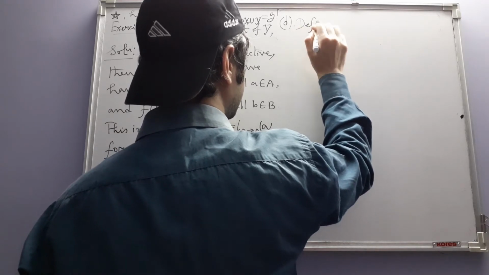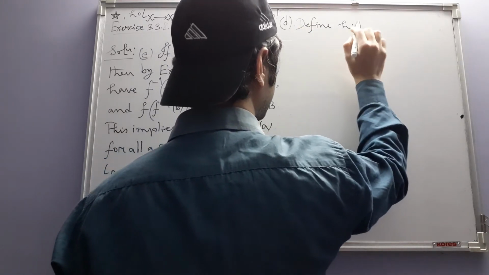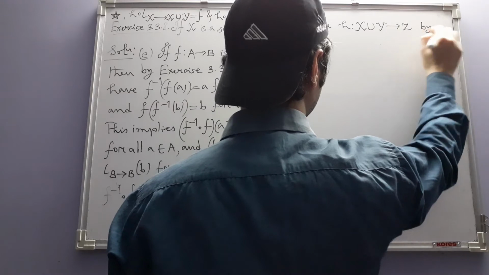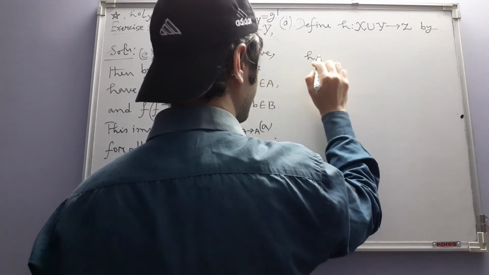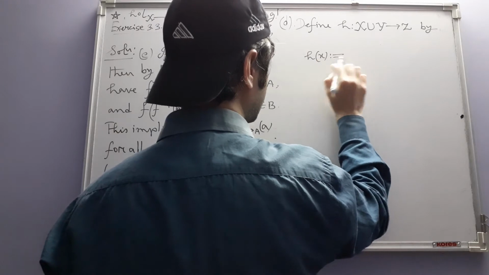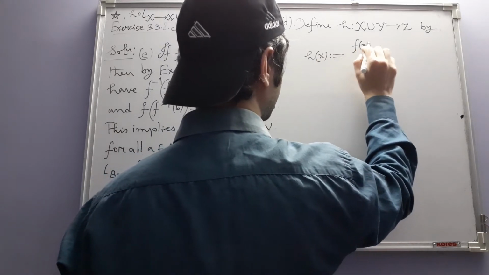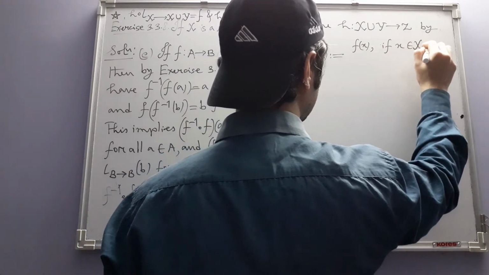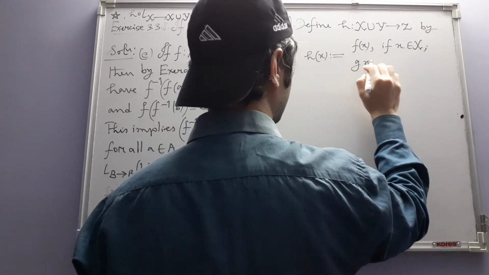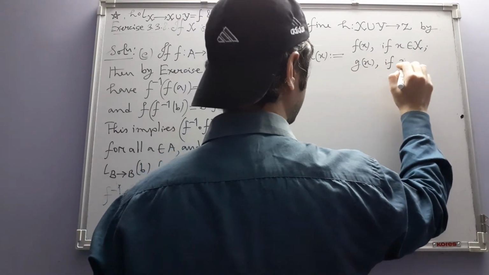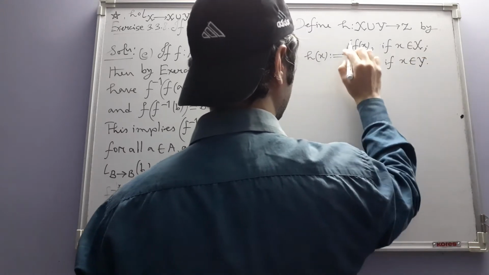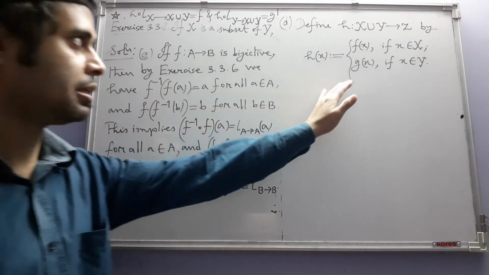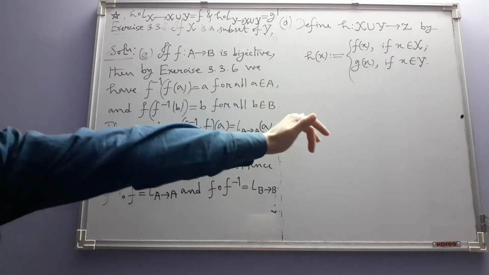We are going to straight away define h. By hx is defined to be equal to fx if x is in X and equal to gx if x belongs to Y. Let us first take some moment and see whether what we have defined makes sense or not.